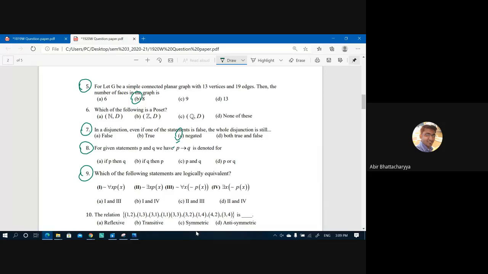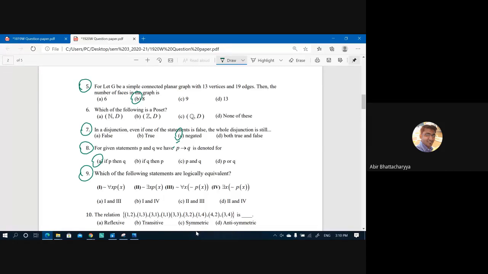Then number 8. Number 8 we have already done. That's option A: if P, then Q. Which of the following is logically equivalent?